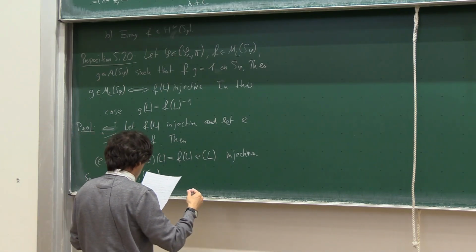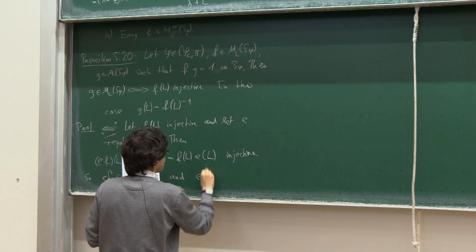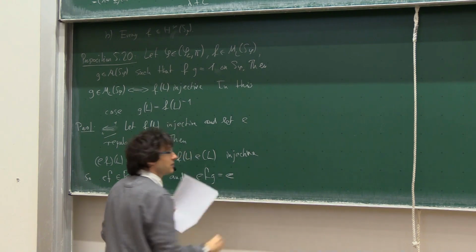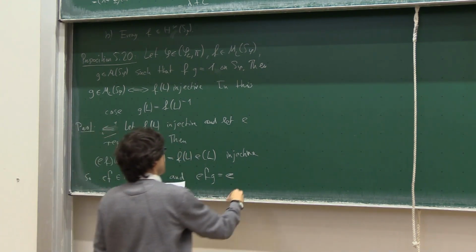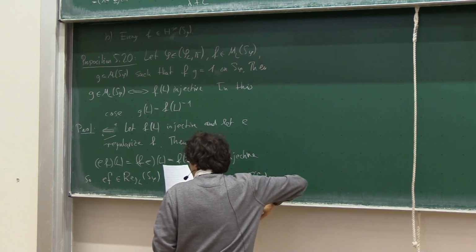And we can now use EF to regularize G. Because what is EFG? EFG is just E, because F times G is 1. Yeah, but E is in the Dunford-Rees class. So G is regularizable.